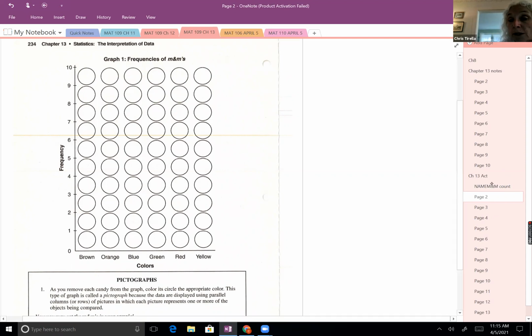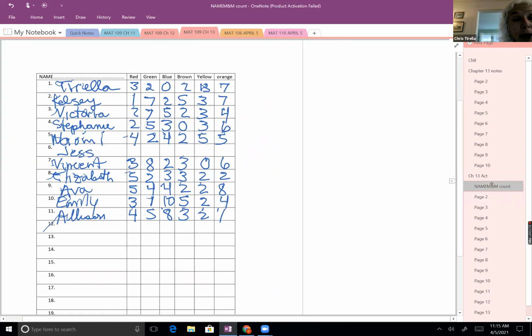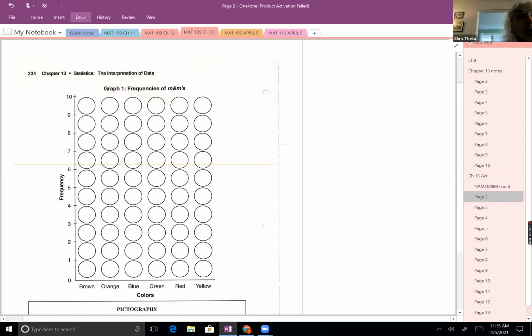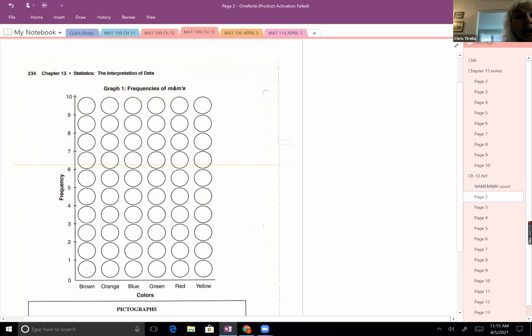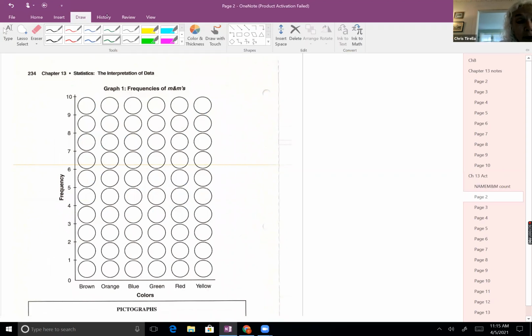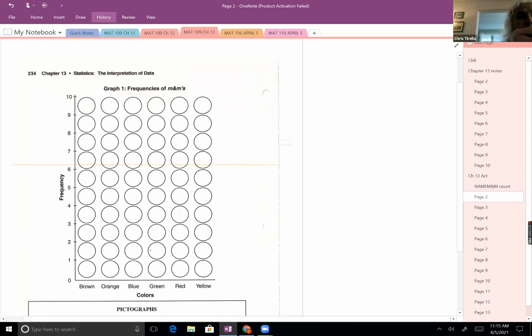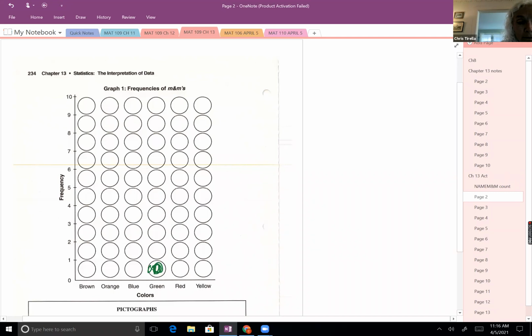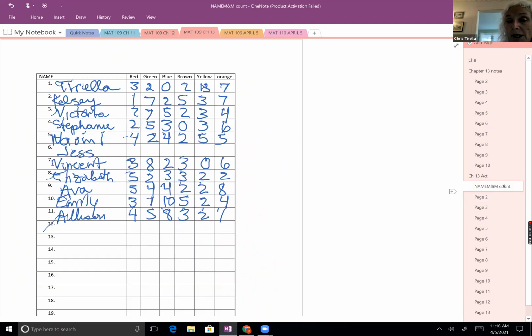So for example, I had 2 green. So I am going to color in 2 dots green. And then I had 13 yellow.